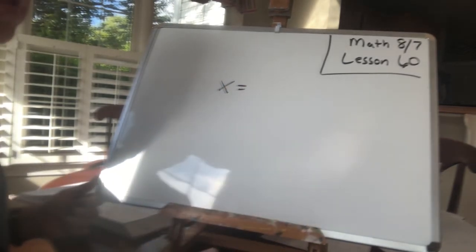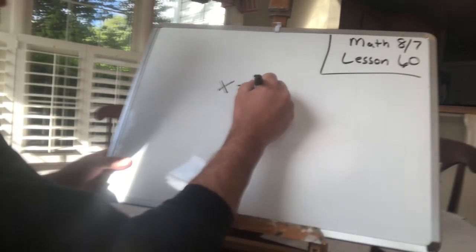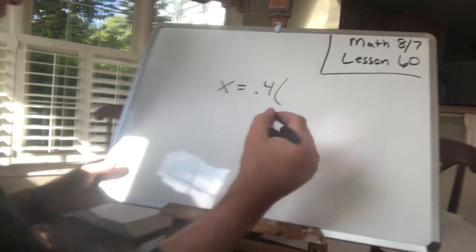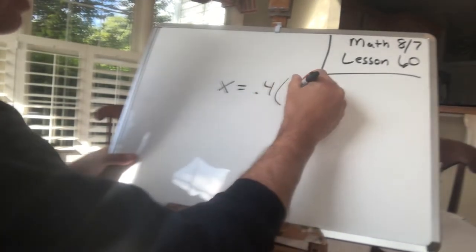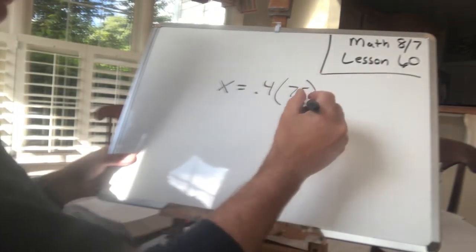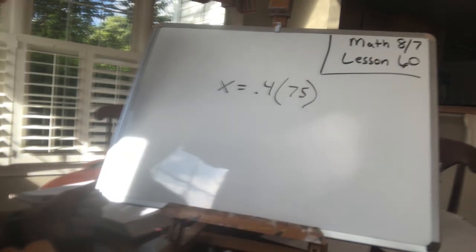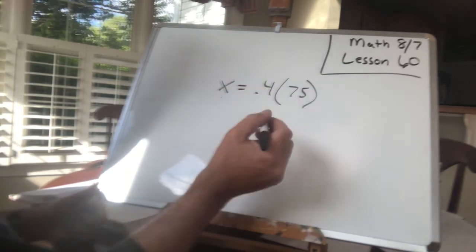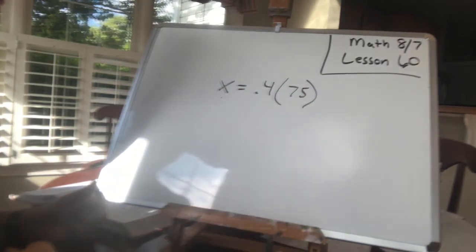If I write 40% as a decimal, that would equal 0.4 times $75, right? How much money is 40% of 75?